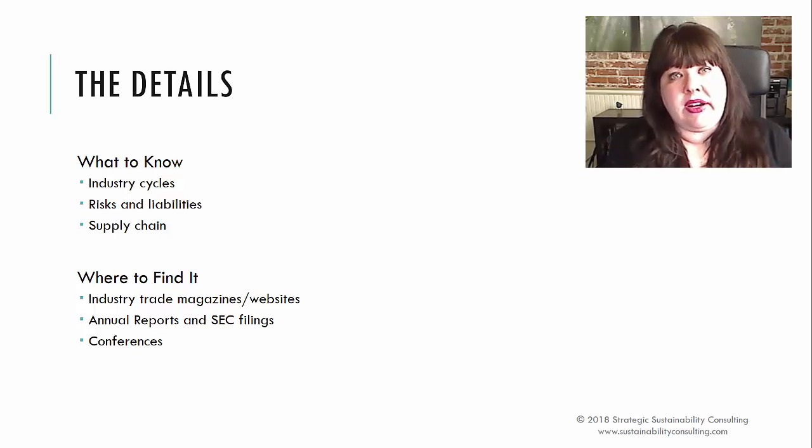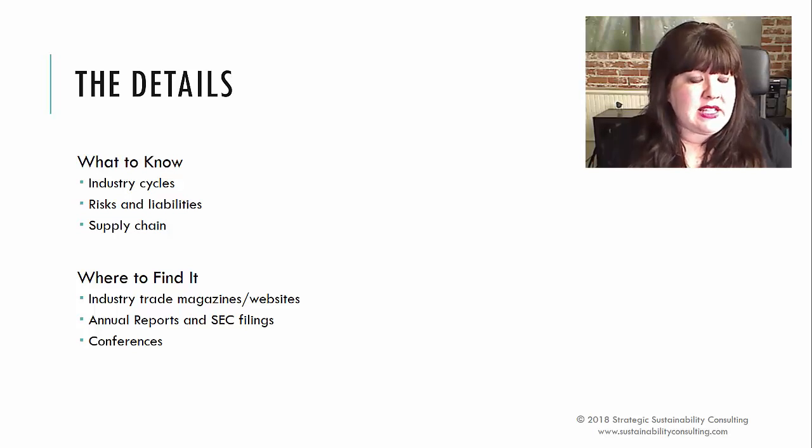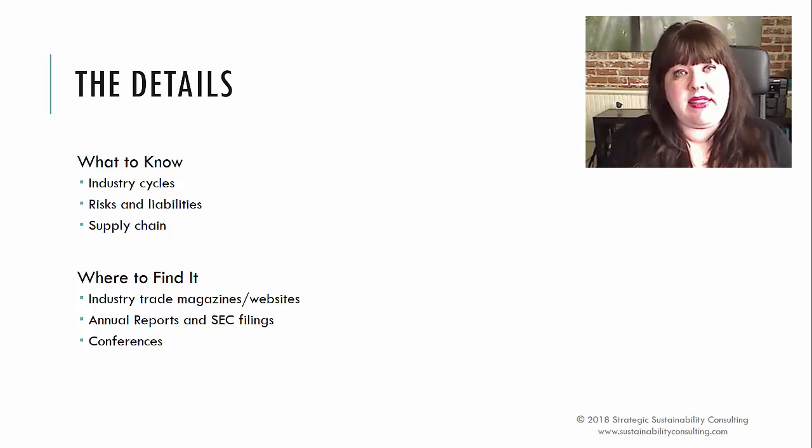You may have other areas where they've got a lot of social liabilities or social risk. Things, for example, like union relations can be something that in the industry is a big deal, and in other industries may not be much of an issue at all. Understanding the types of pressures, types of liabilities, and types of risk common in the industry is going to make you savvier at making recommendations.